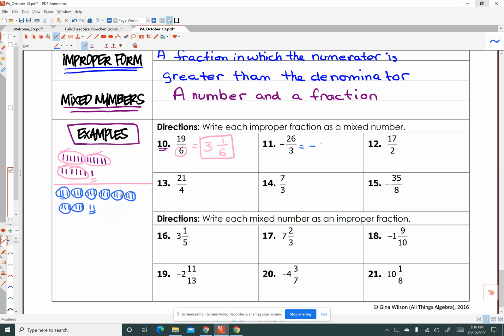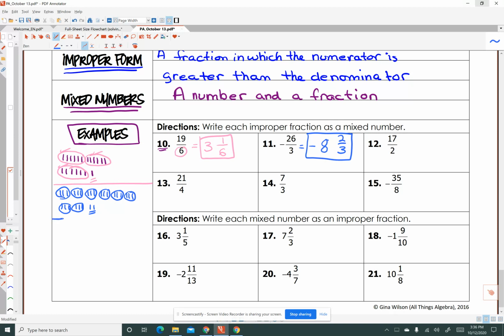Remember, this is a negative fraction. Negative 8 and 2/3. Let me write that a little neater to make it clearer. And this is the one place where I talk about not saying "and" inappropriately when you say your numbers. Here it is appropriate to say negative 8 and 2/3.